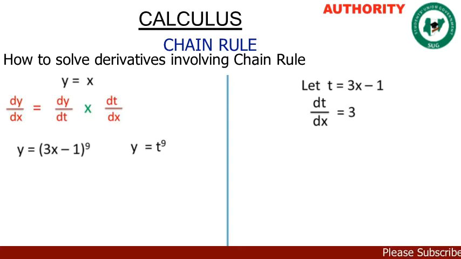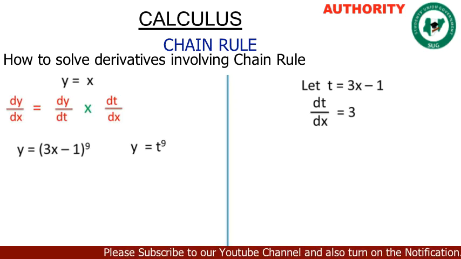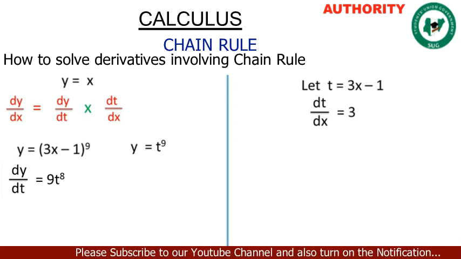Now we have a new function, y is equal to t raised to power 9. We are going to differentiate this function with respect to t. Please don't be confused. So we are going to have dy over dt, that is differentiating y with respect to t.